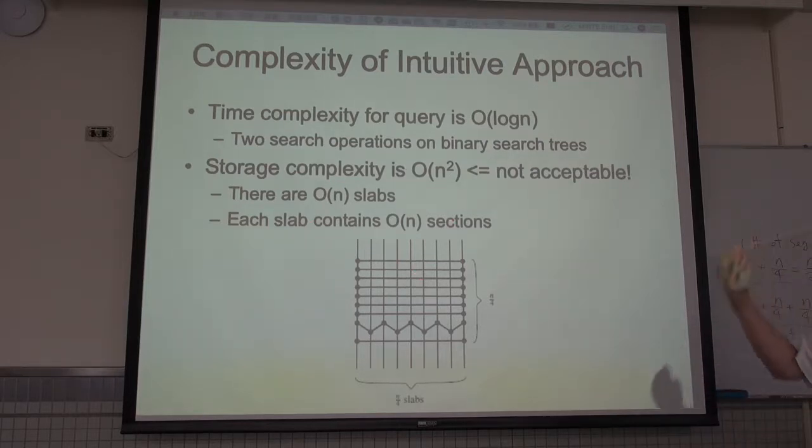So what we are trying to seek now is a better solution. When I say better solution, I mean we want a cheaper storage complexity. We do not want to sacrifice our query too much.